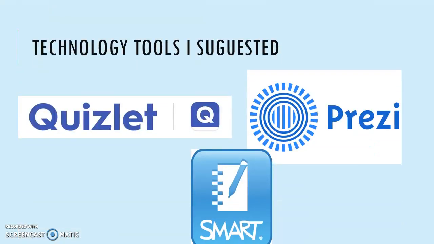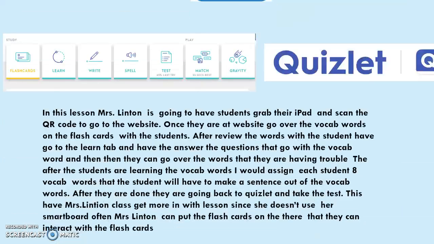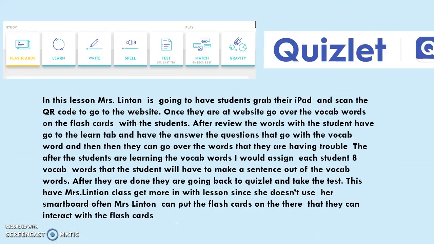So the three tools I suggested for Miss Linton's class are Quizlet, Prezi, and a smartboard lesson plan. Now, in this lesson, Miss Linton is going to have a student grab their iPad and scan the QR code on the screen to go to the website.